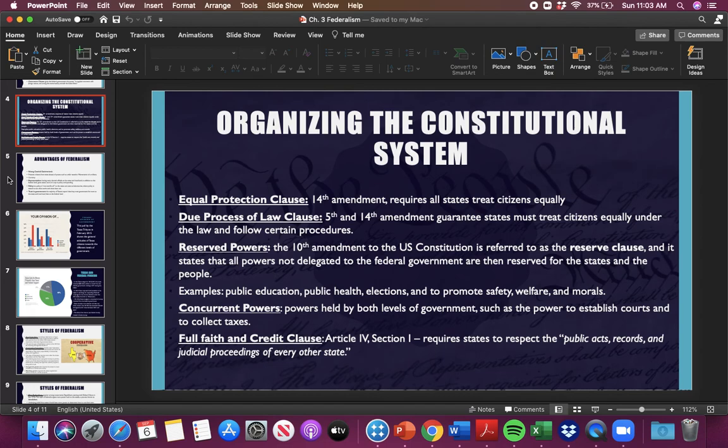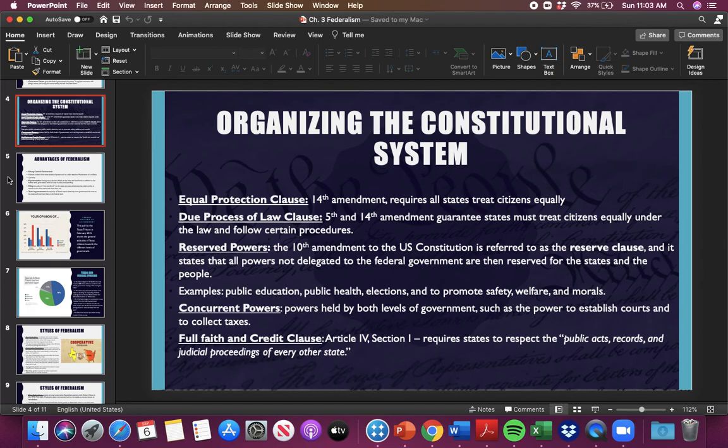Before the Constitution, let's say you were in Massachusetts and you entered into a contract with someone in New York, and one of you broke that contract, well, whose state has the authority to enforce the contract? Well, under the Articles of Confederation, there was no solution because only New York considered itself sovereign in New York, and only Massachusetts considered itself sovereign in Massachusetts. So there was no court to settle these disputes.